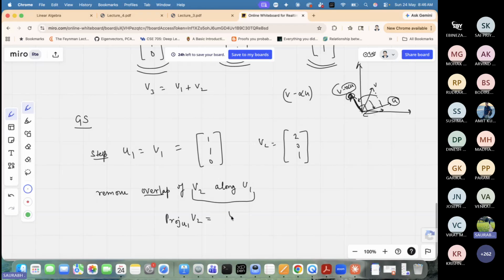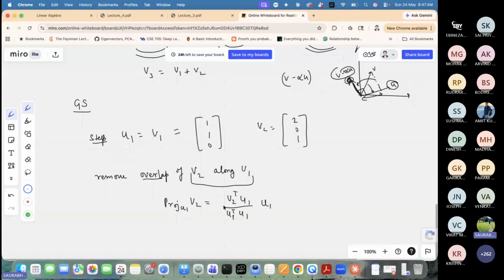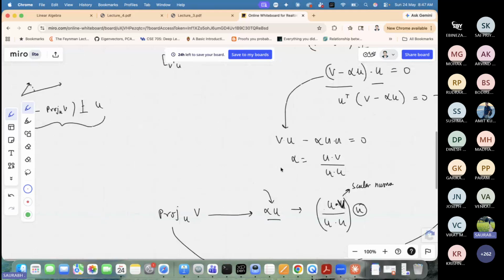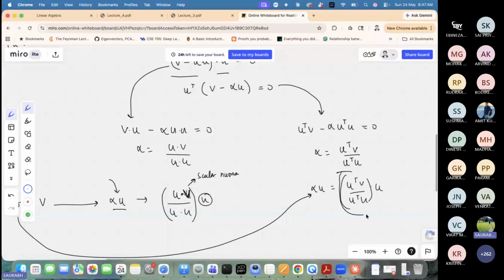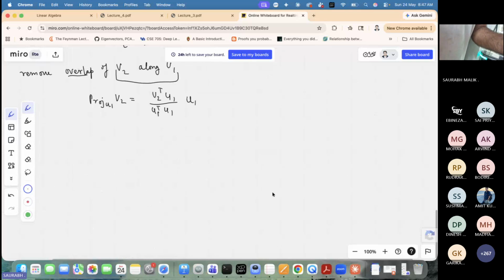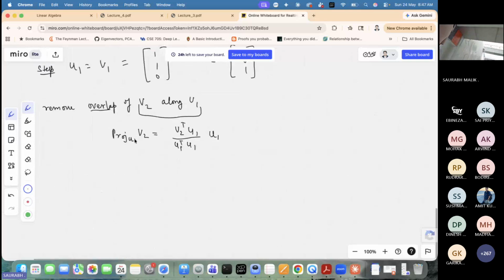That would be, you already know the formula, V2 transpose U1 divided by U1 transpose U1, into U1. You're using the same projection formula that we carved out earlier to project V2 into the direction of U1.